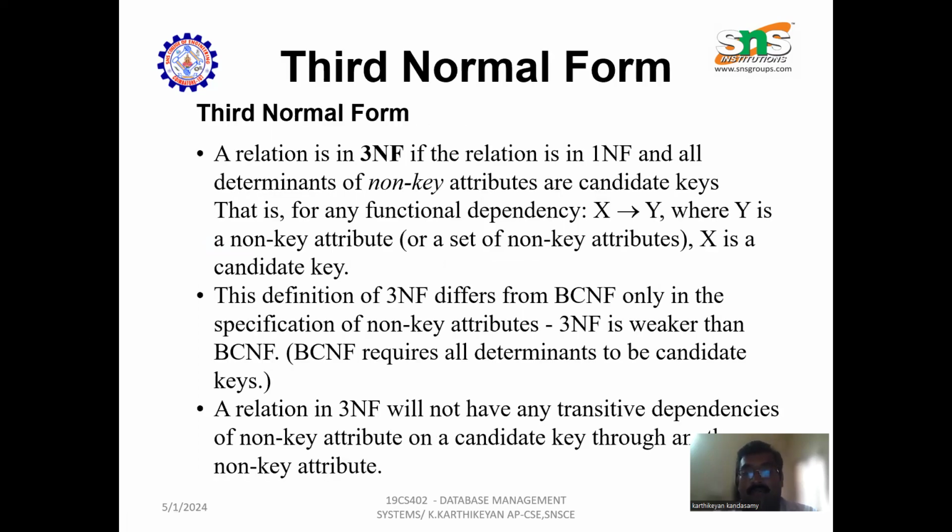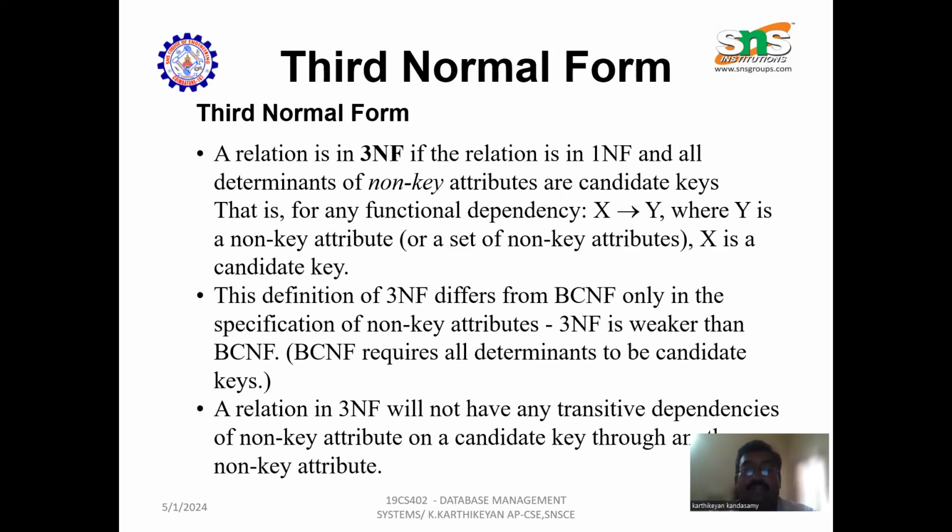Next one, third normal form. A relation is in 3NF if it is in 1NF and all determined non-key attributes depend on the candidate key. For any functional dependency X to Y, Y is a non-key attribute. For example, we have two attributes. This is X, this is Y. So Y depends on X. Once you have the candidate key, find out the dependencies.